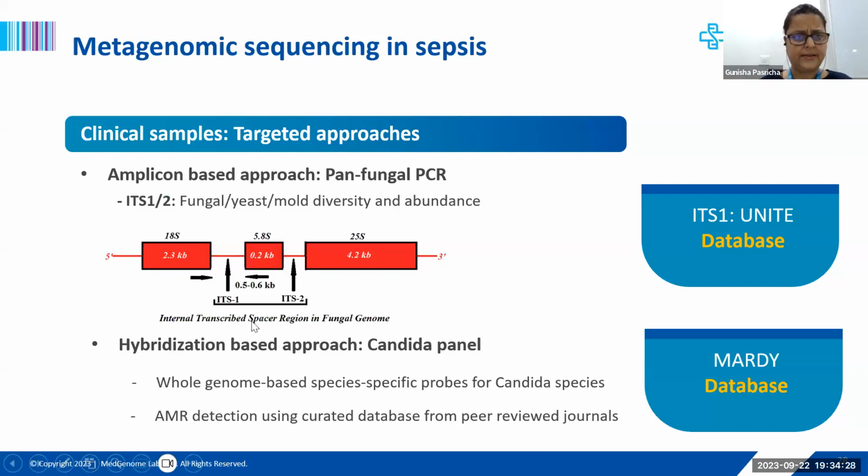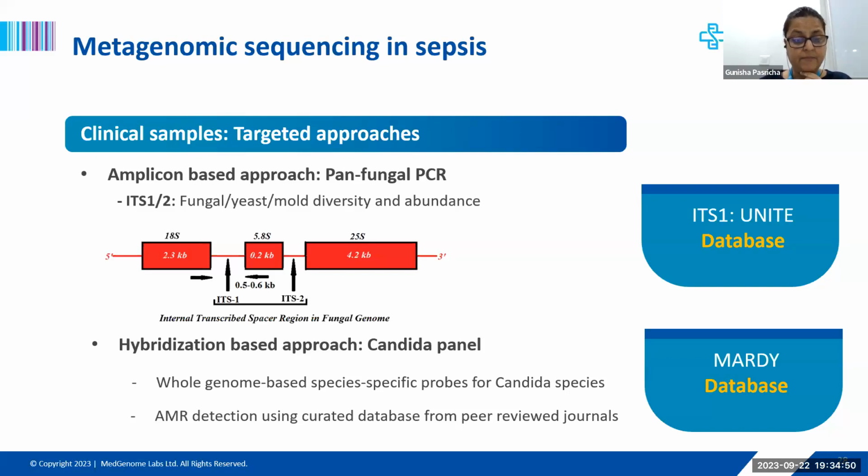I mentioned to you earlier that there are also hybridization-based approaches. We have a Candida panel for identification of various species, and we're having excellent results. We are doing a study on this with another hospital in west India.